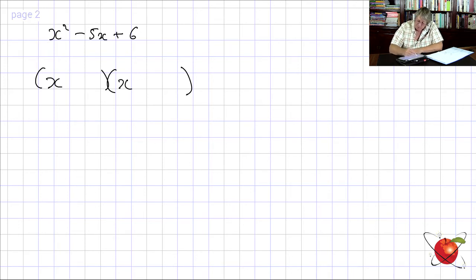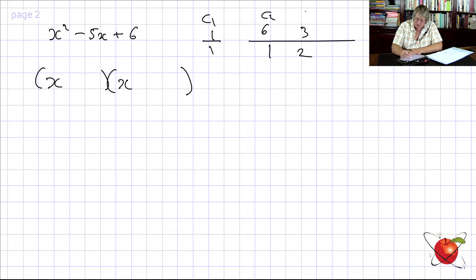Then I look at my options for the back number. So I factorize 6. What are my options? A 6 and a 1, and a 3 and a 2. We said the coefficients there are a 1 and a 1. So it's column 1, column 2, column 3.